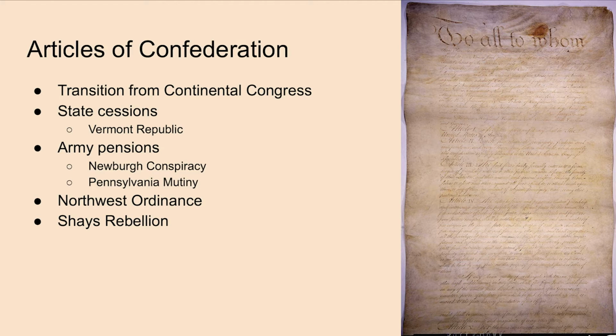And so they take a few courts that were ruling against debtors, because realize this is 1787. This is 6 years after the war is done. They've had 6 years of not really getting their pensions that they're supposed to be getting, and now they're running into debts.